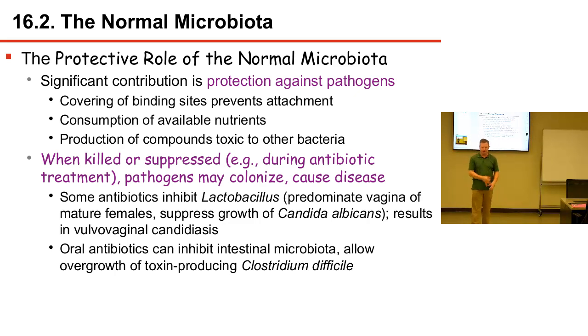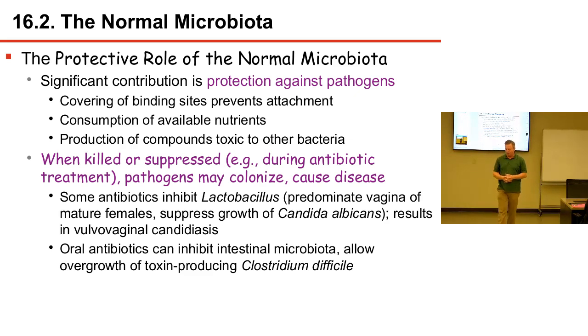So penicillin, amoxicillin, ampicillin, all these different antibiotics we have are actually compounds being produced by other microbes. We just discovered them, and then we basically grow them up in large numbers, and then we sell them as a pill. And most people who take them don't realize that's what it is. But the third bullet there, production of compounds toxic to other bacteria, could be in the form of antibiotics.